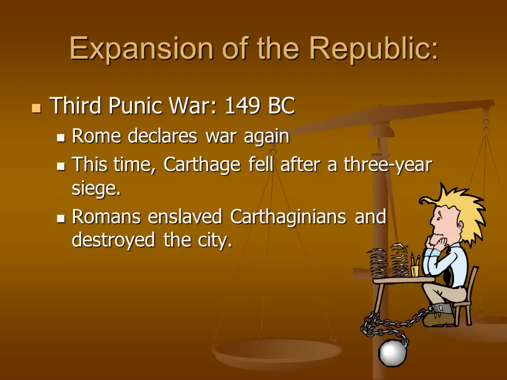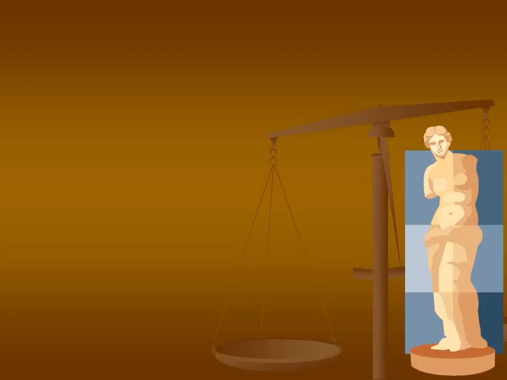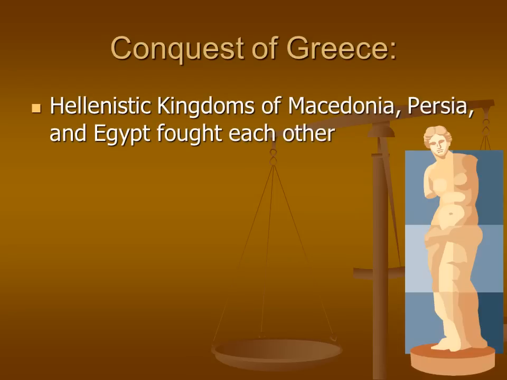Carthage and the region that was around it became the possession of Rome. And so that's how they end their feud with the Carthaginians in the Punic War. So it's complete and utter destruction for Carthage. Carthage no longer exists. At that point, it is time for them to expand and take over Greece.